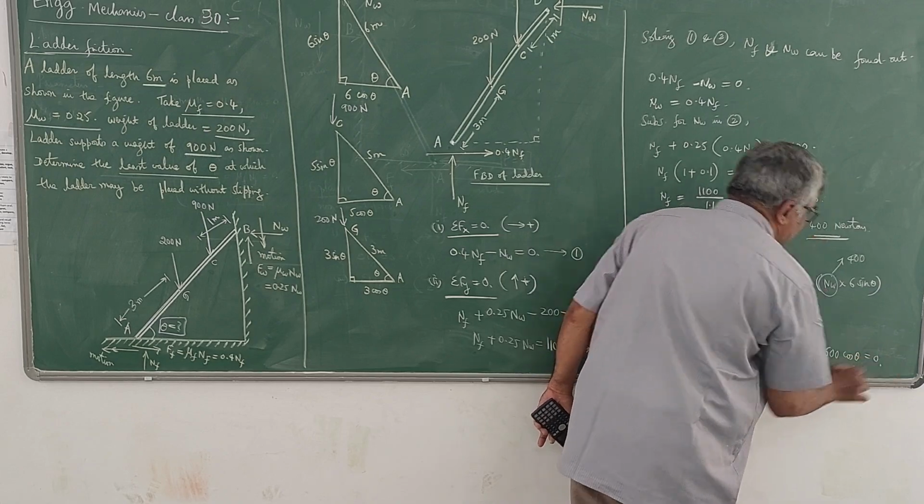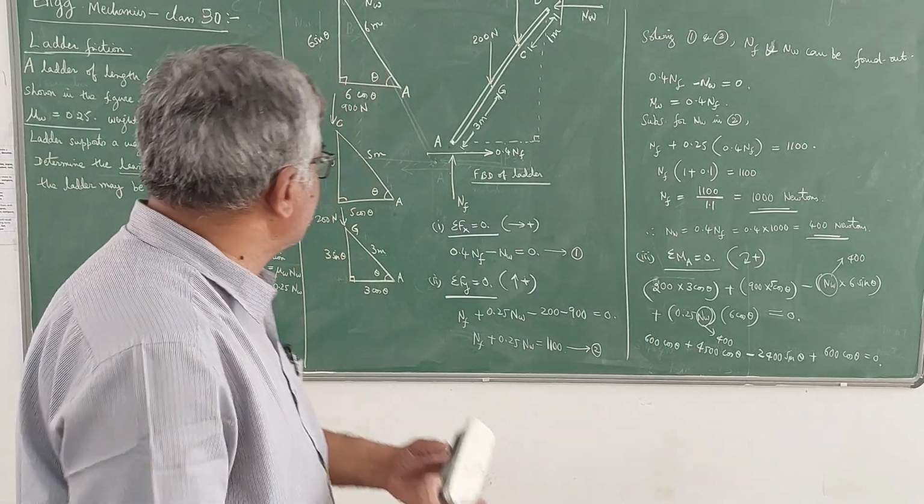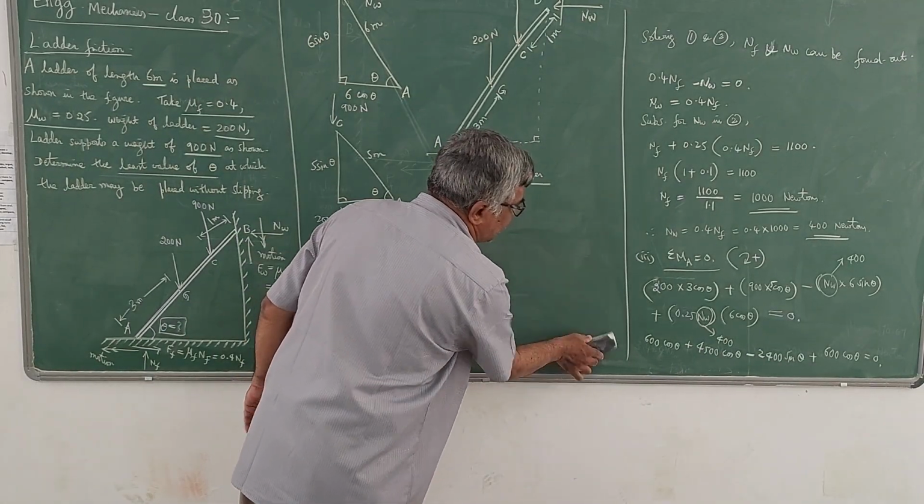You get a trigonometric equation in terms of sin theta and cos theta. Let us see what equation we are going to get there. The only thing is we have to find the value of theta.